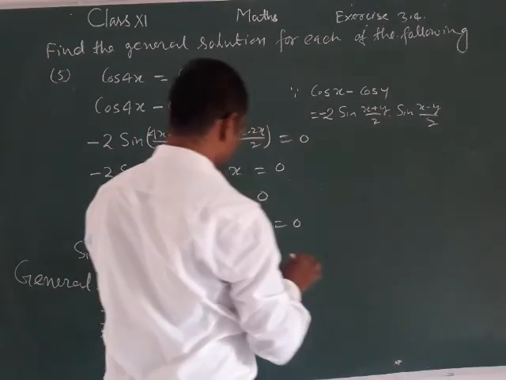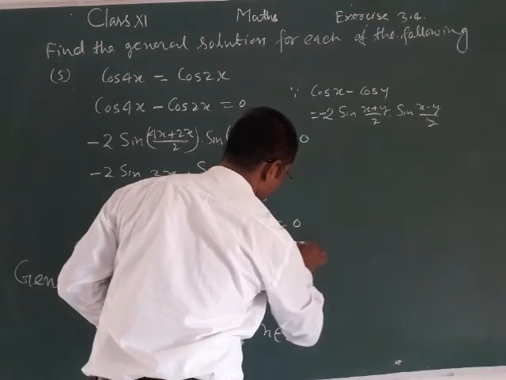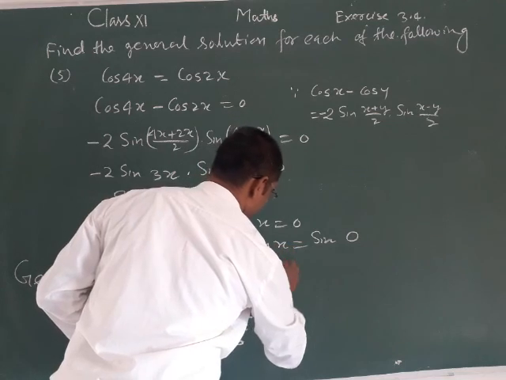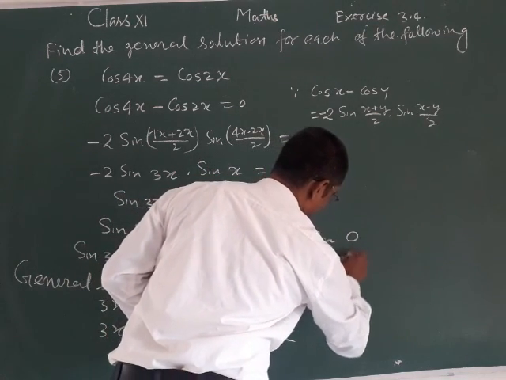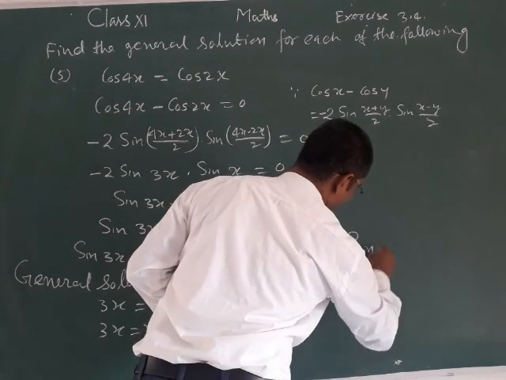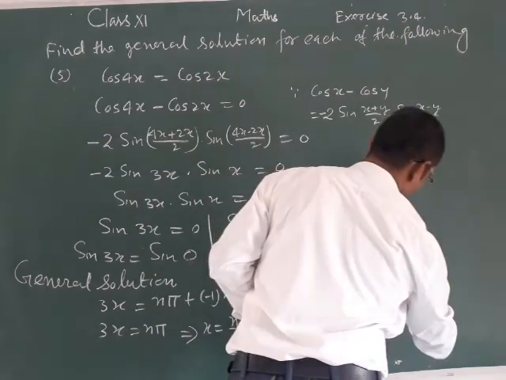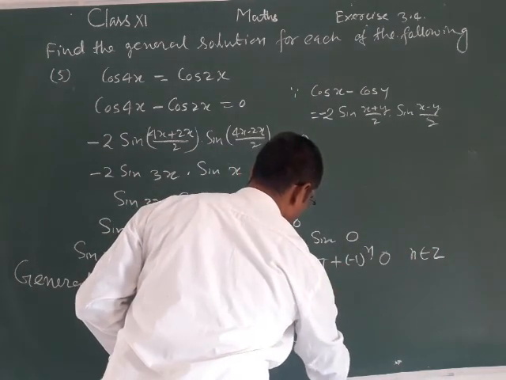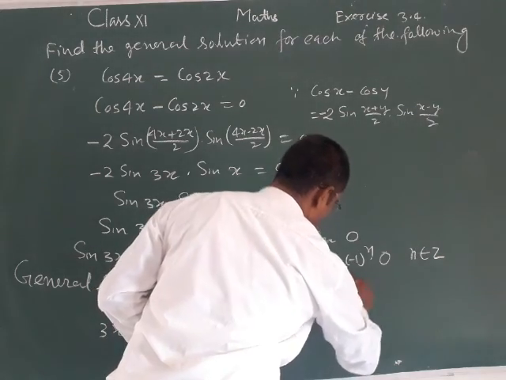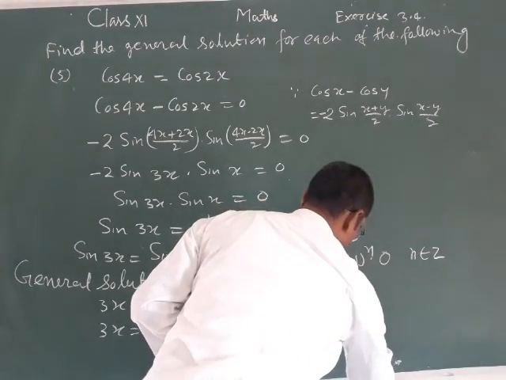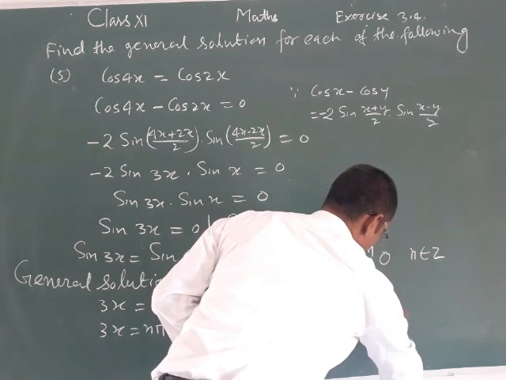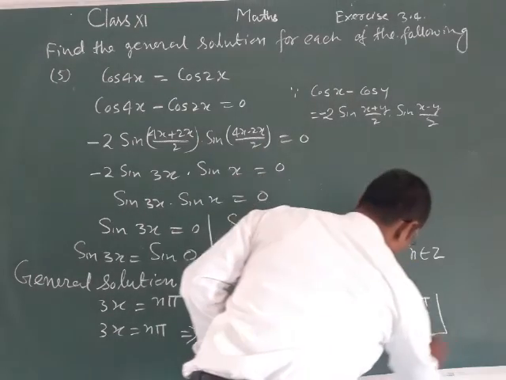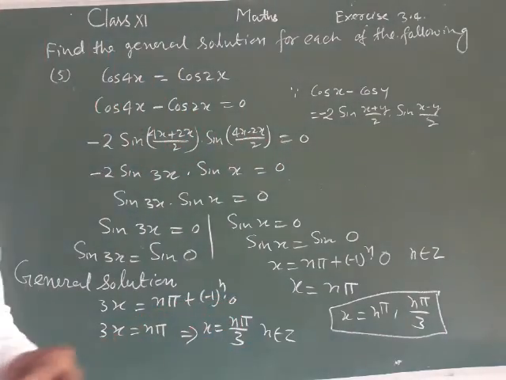And also sin x is equal to sin 0, so x is equal to n pi plus minus 1 to the power n into 0, when n belongs to integers. Also you can write x is equal to n pi. So the answer is x is equal to n pi and also n pi by 3. This is the answer of this question.